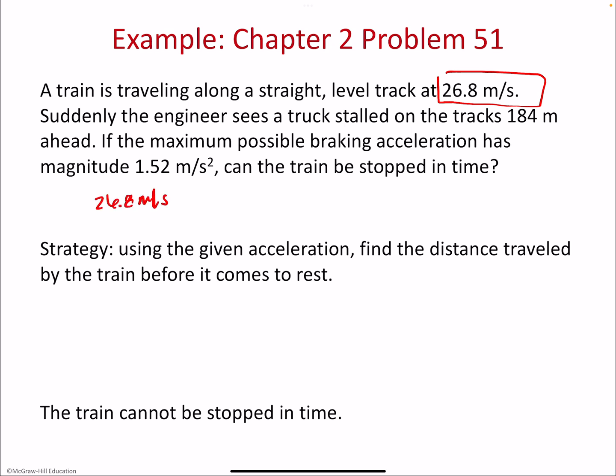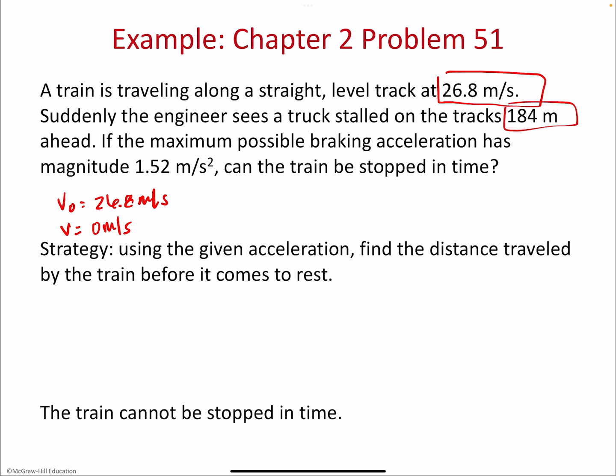Initial velocity. Why? What's our final velocity going to be? 0. Why? Because we're stopping. Usually it starts from rest, but this is flip-flopped. We're starting with motion and we're stopping, so our final velocity is 0.